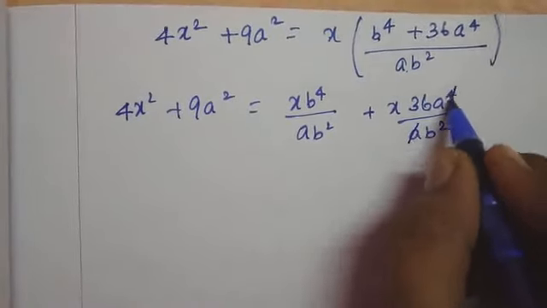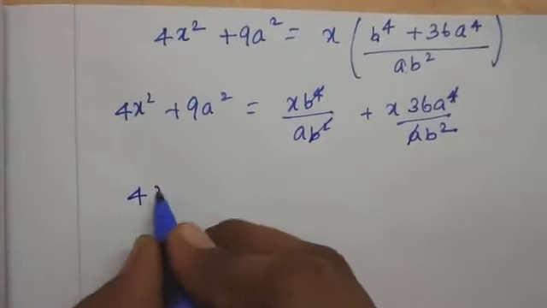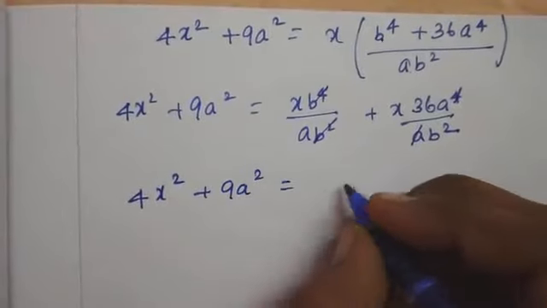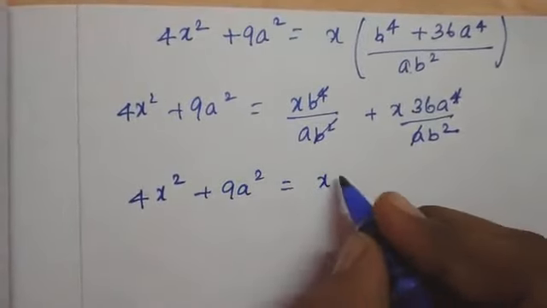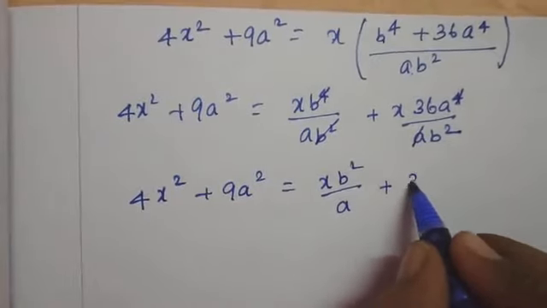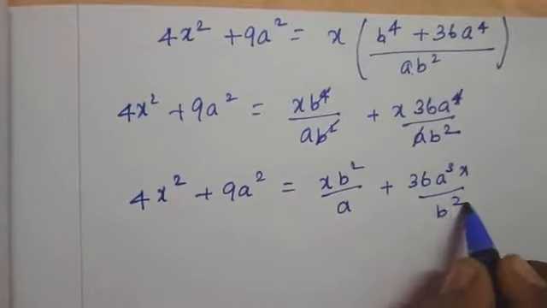So a power 4 cancel, b square b power 4 is cancel. Balance we have 4x square 9a square equal to x b square divided by a plus 36 a cube x divided by b square.